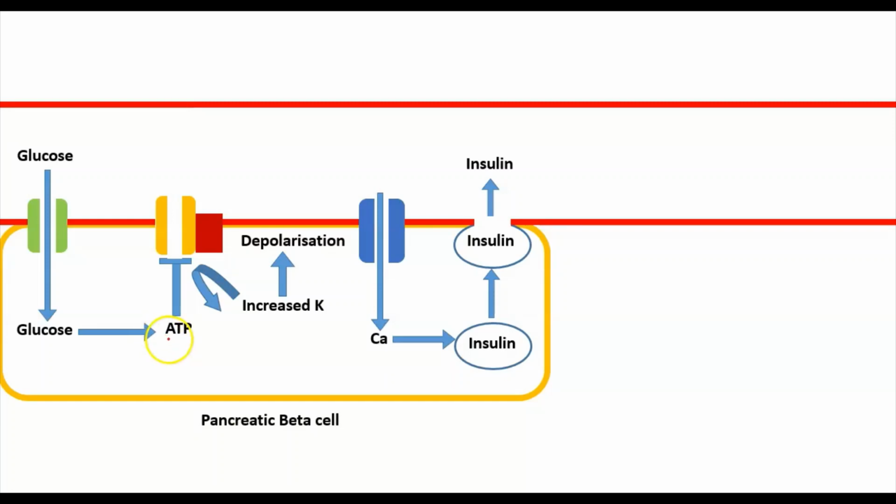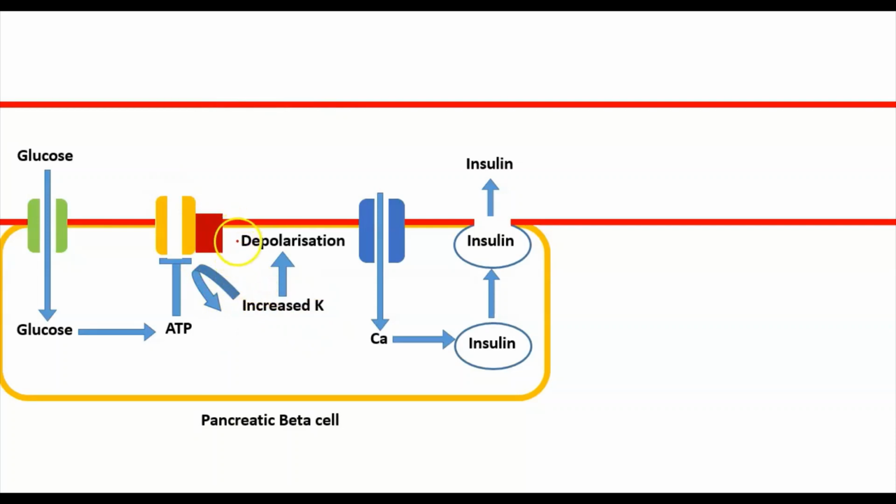However, ATP also has an inhibitory function on this ATP-sensitive potassium channel shown here, which is flanked by a sulfonylurea receptor. The presence of increased amount of ATP therefore inhibits this channel, which leads to less potassium being able to exit the cell, and therefore an increased amount of potassium within the cell.